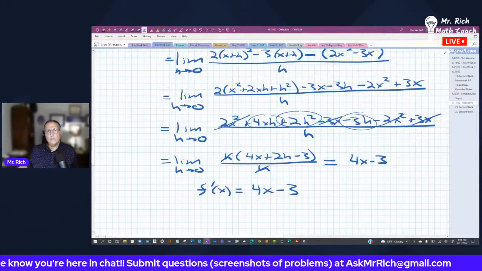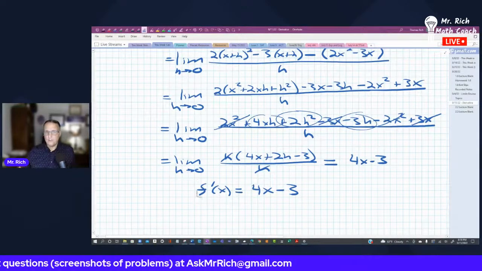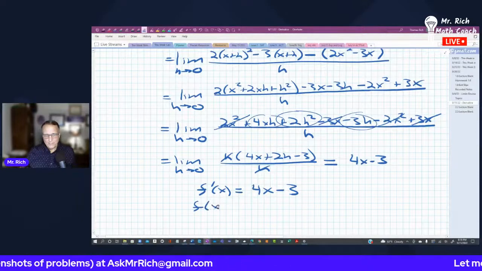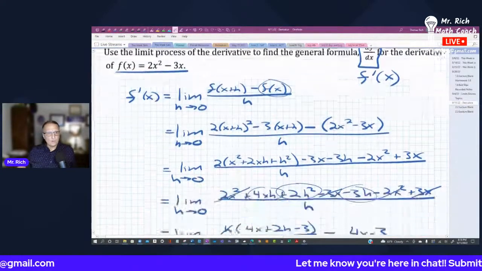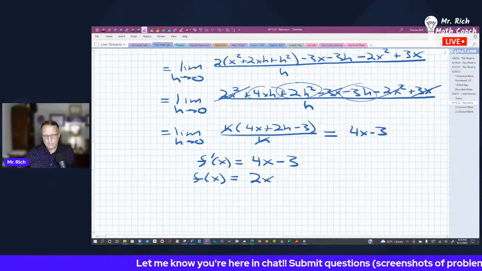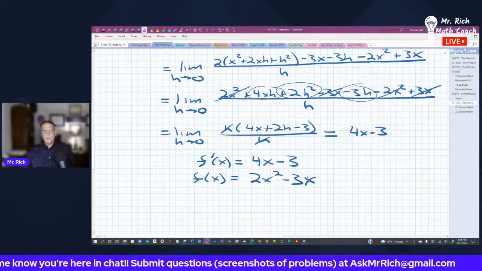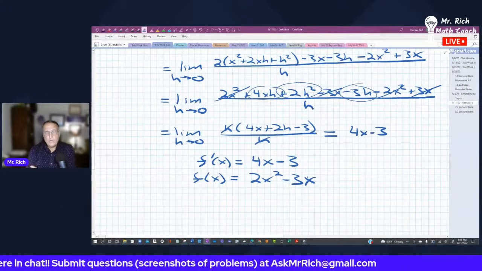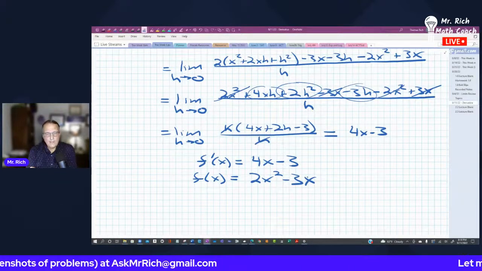Now, to make sense of what f prime of x means, I have to know what f of x is. So I'm going to rewrite what my f of x function is down here. So this f of x function that we started with was 2x squared minus 3x. So these two are related to one another, right? Because the f prime of x is the derivative of f of x.